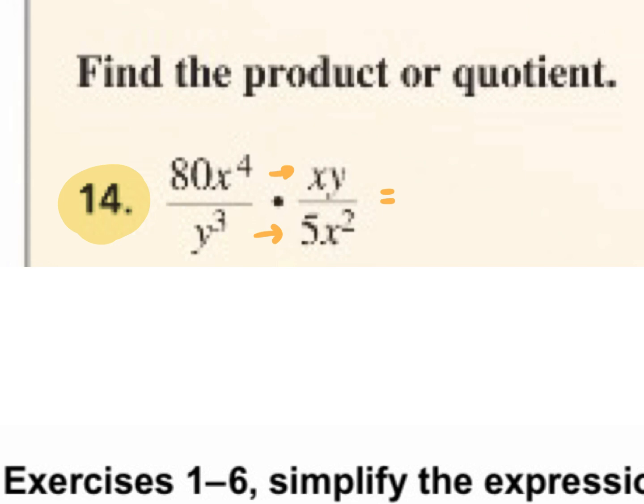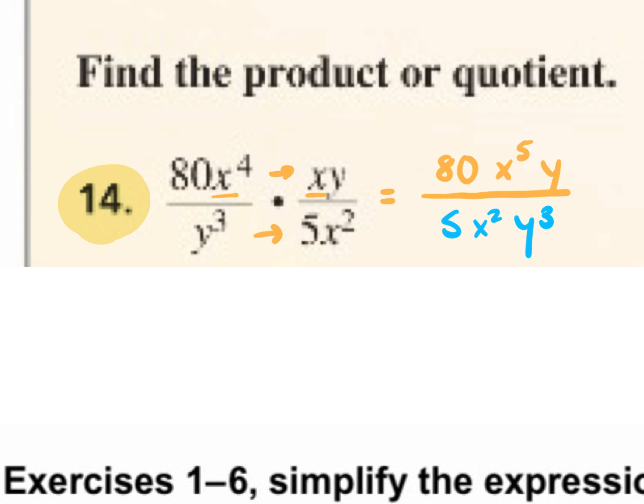So combine like terms. What is x to the 4th power times x? X to the 5th power. Perfect. When you multiply, you add the exponents. So I have 80 times x to the 5th power times y. And then on the bottom, do I have any like terms here? No. So just 5x squared y to the 3rd power.